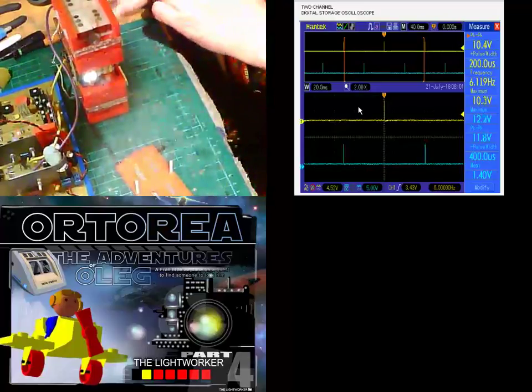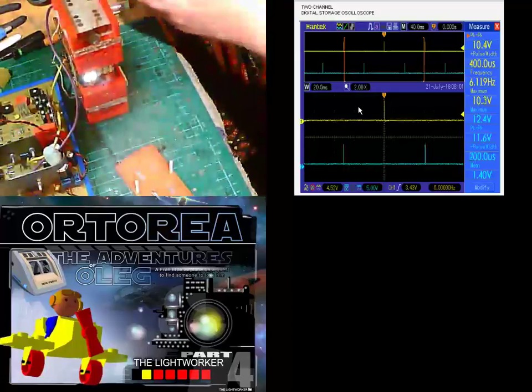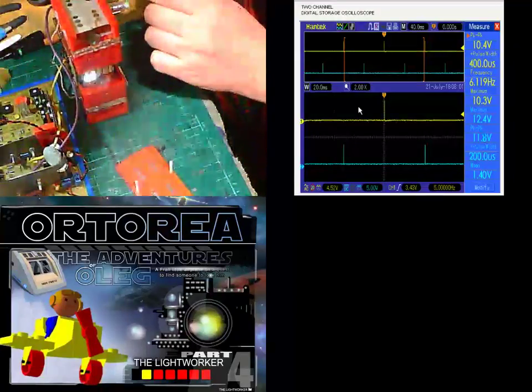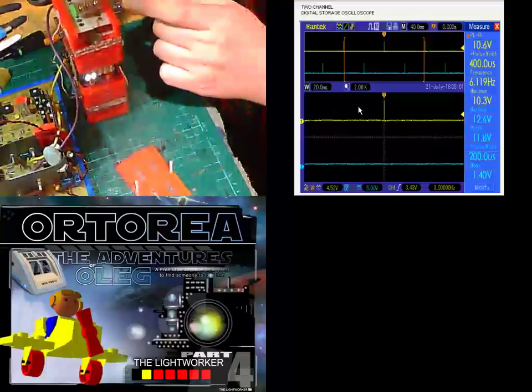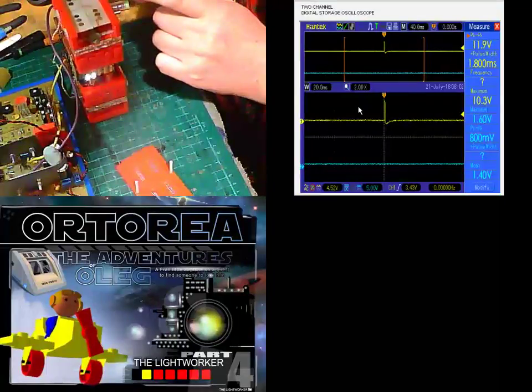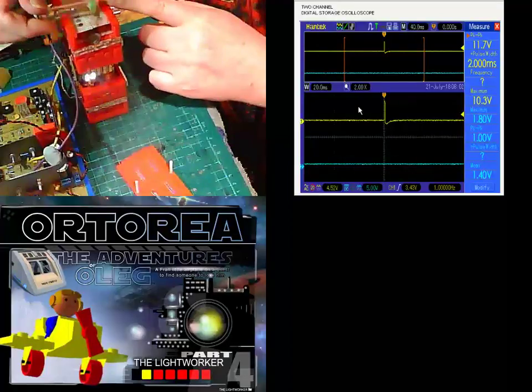So getting the frequency. As you can see, that's at 1.8 milliseconds pulse. There's a bit of a delay before it cools down.